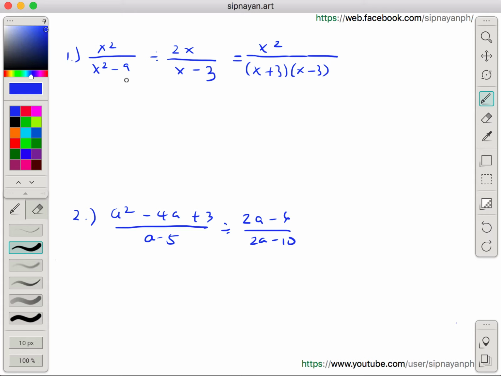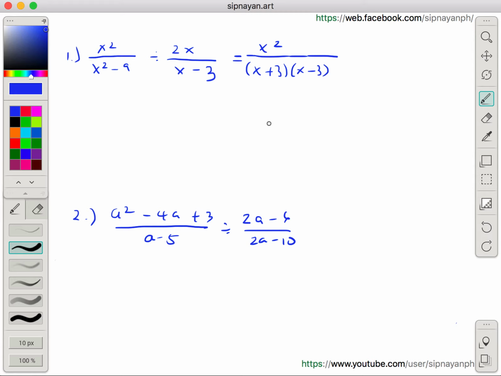So pag difference of two squares, perfect square, separated by a minus sign, ang factor niyan is the square root of the first term, and then the square root of the second term, at yung isa plus, yung isa minus.